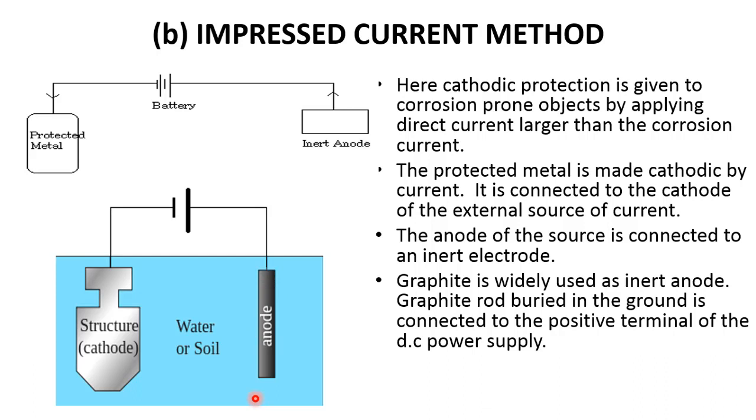Here is the inert anode, here is a structure that has to be protected. Both are underground. Here the structure is connected to the cathode and the inert anode is connected to the anode terminal. Here both anode and cathode are protected from corrosion.